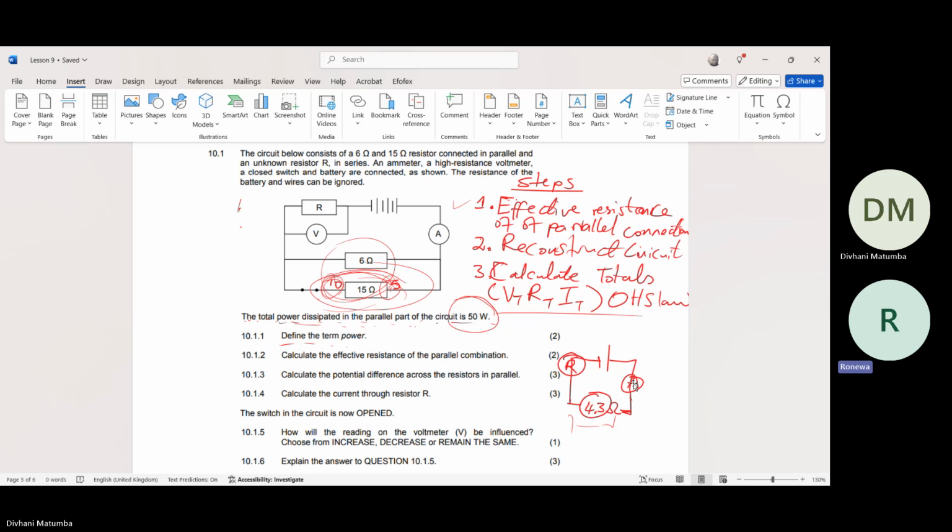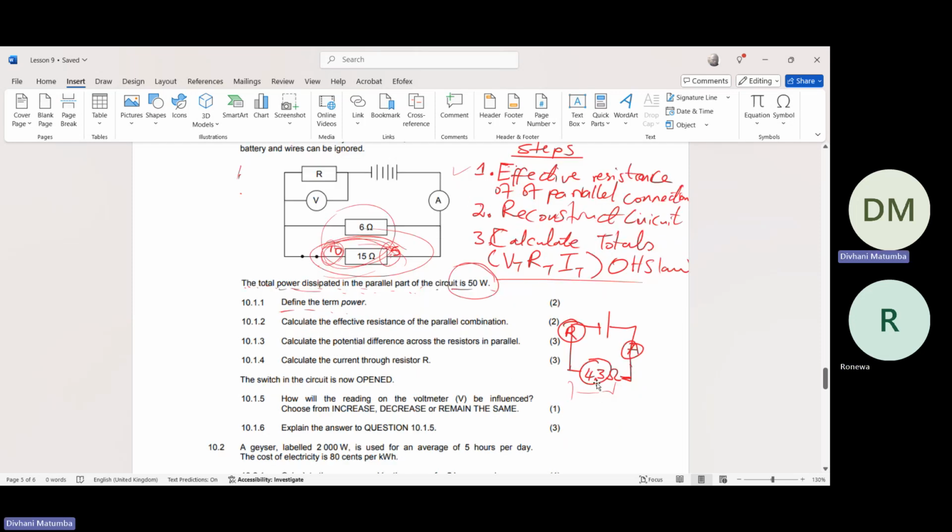Okay, so we calculated the... I have a question before I answer. Does the resistance we calculated, did we say that it equals R? Like 4.3 would be equal to... 4.3.